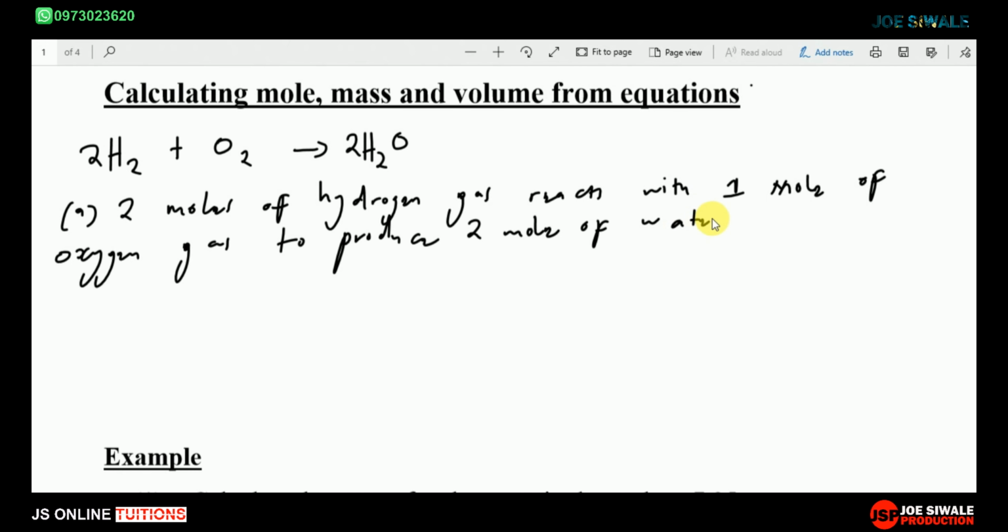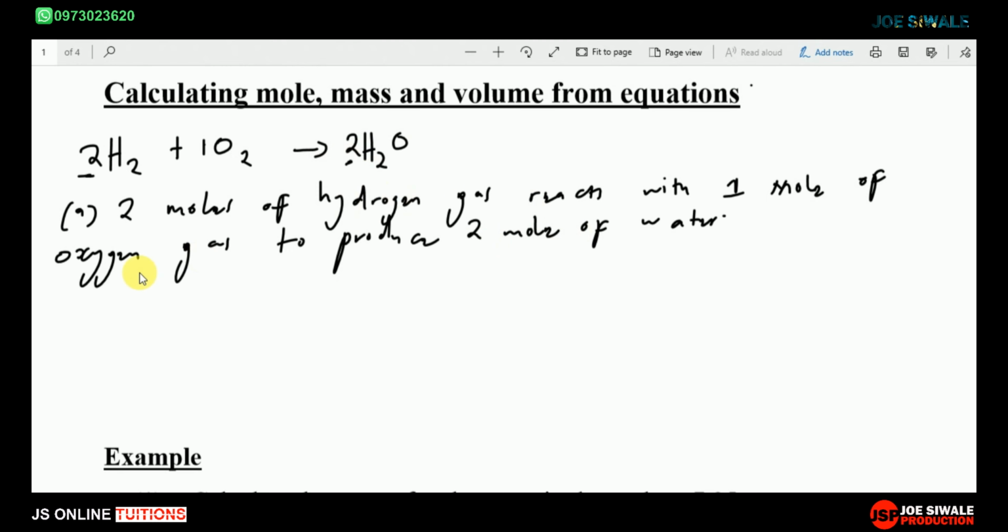As you can see here, we have 2 moles of hydrogen gas, then it reacts with 1 mole of oxygen, and there we know that we have 1 to produce 2 moles of water, and we know that we have 2.